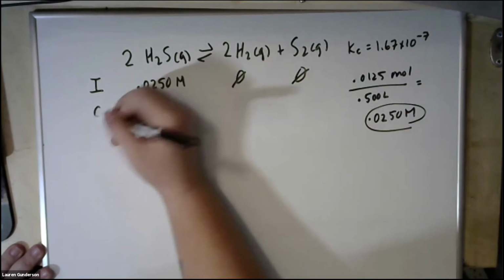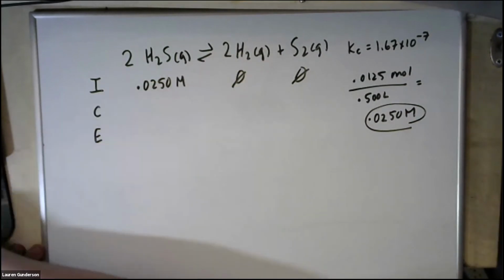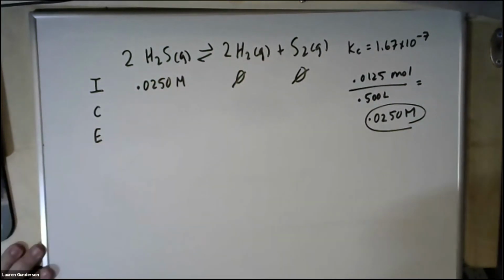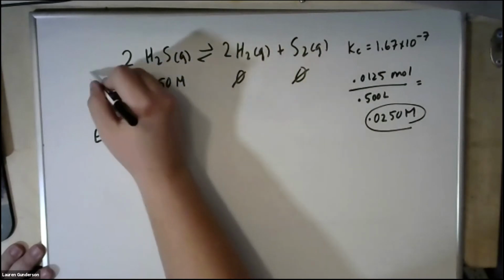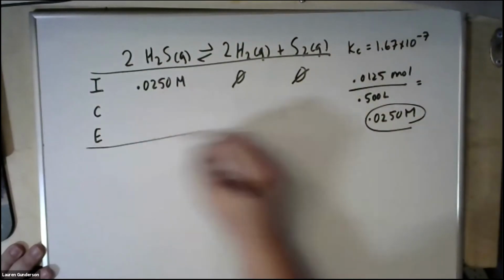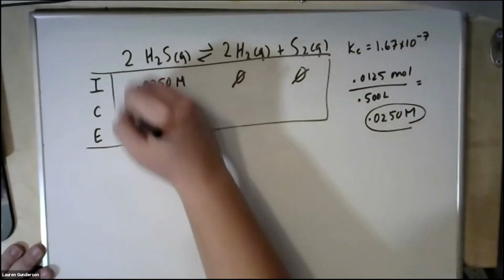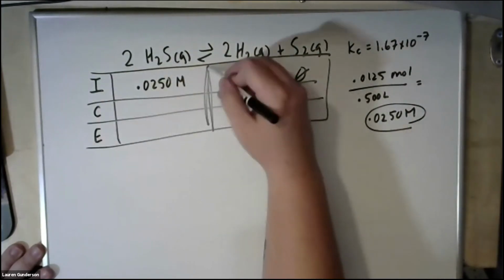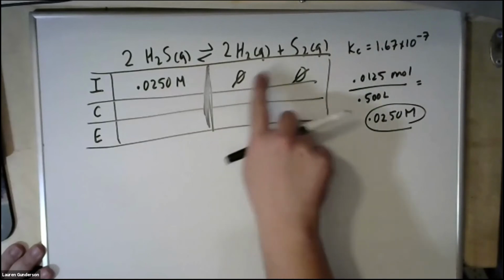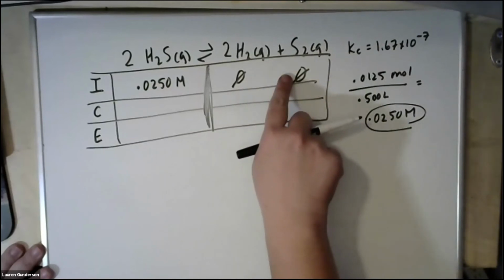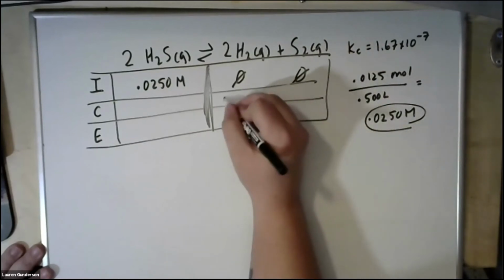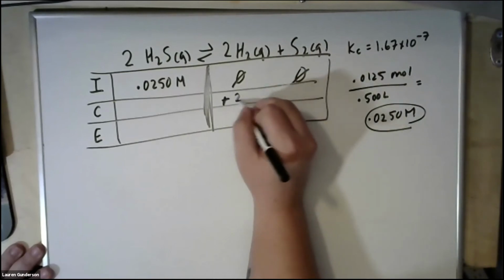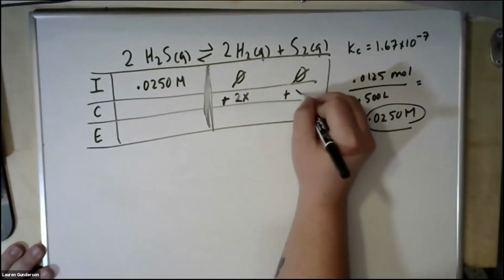So now I can set up the rest of my table, or as much of my table as I can. All right, standard ICE table format. I know that I'm going to be creating hydrogen gas and sulfur gas, so this will be plus 2x, and this will be plus x.